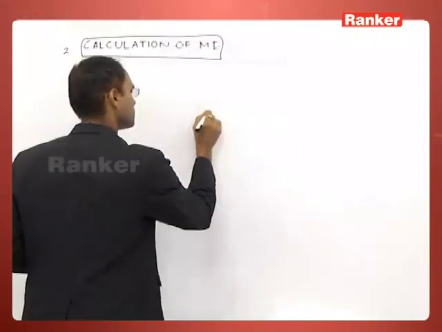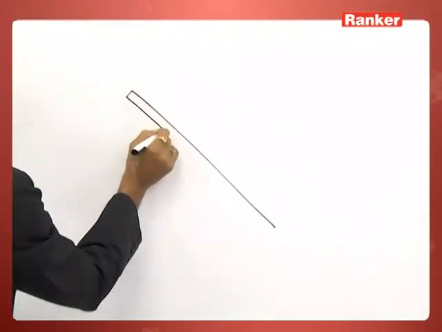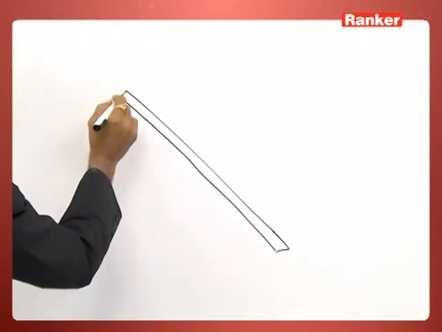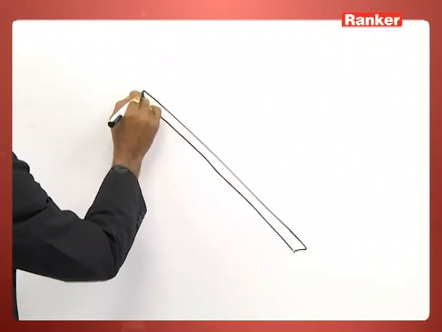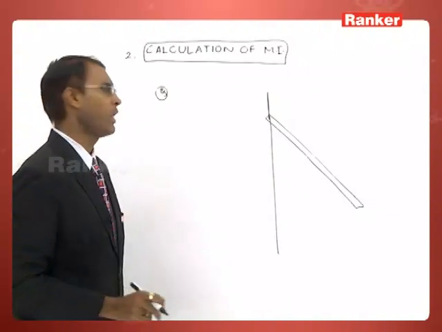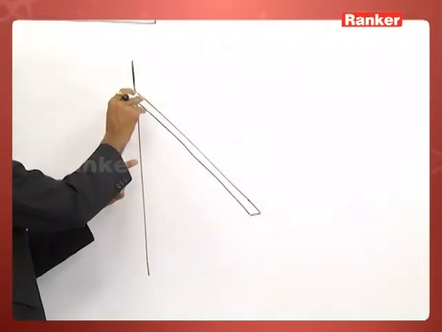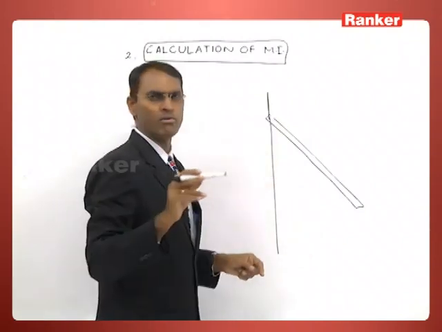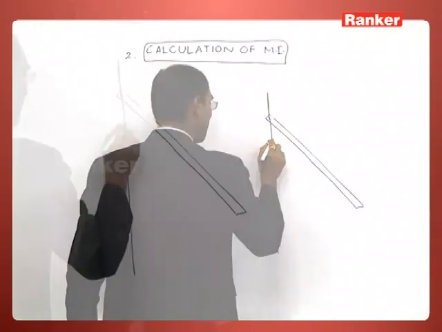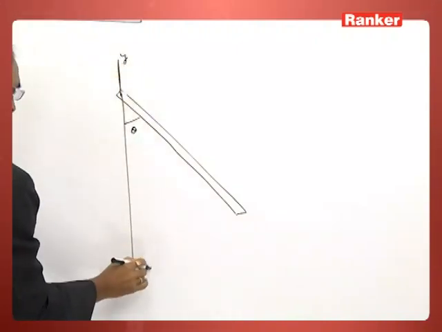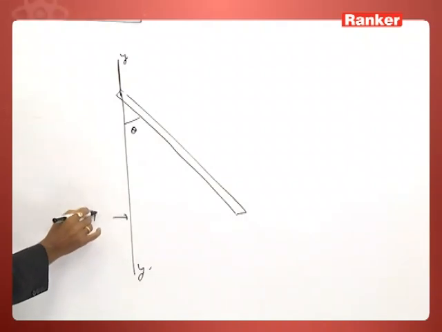Suppose the rod is like this, and you are required to calculate the moment of inertia of the rod about this axis, which is not perpendicular to the rod, and about the z-axis. The moment of inertia of the rod about the z-axis, because the z-axis is perpendicular to the rod, will be equal to ML square by 3. But when the rod makes an angle theta with respect to the y-axis, this is the reference axis.